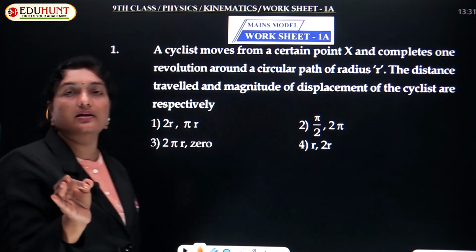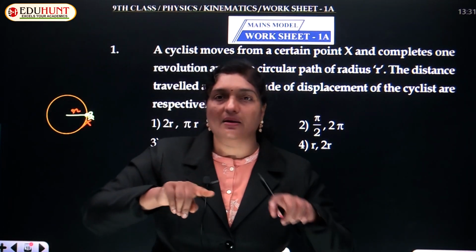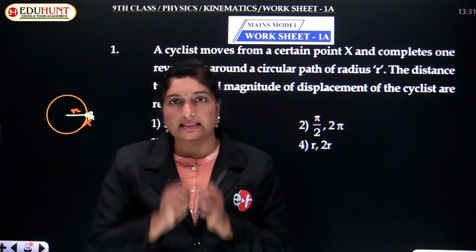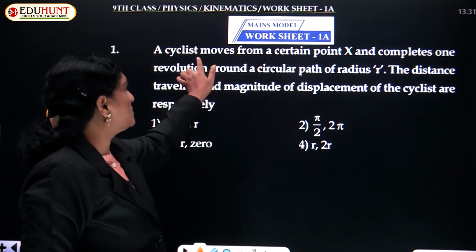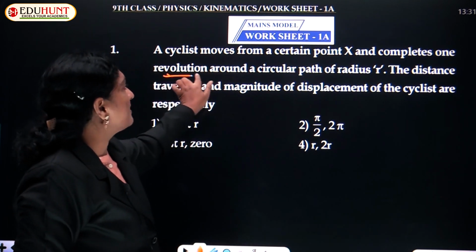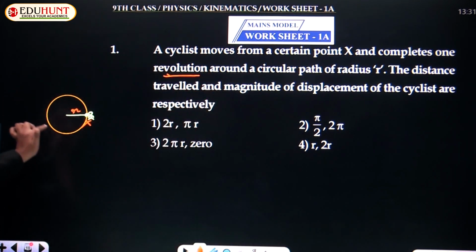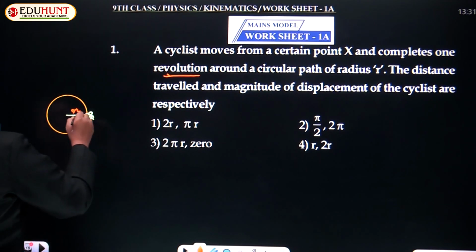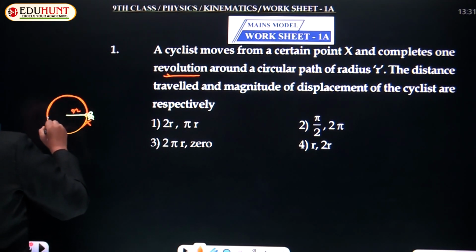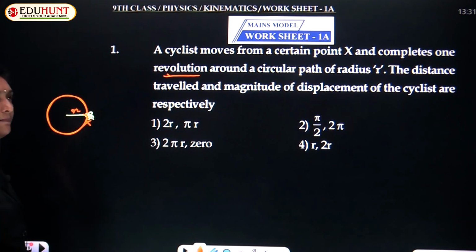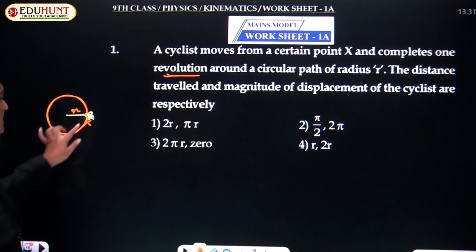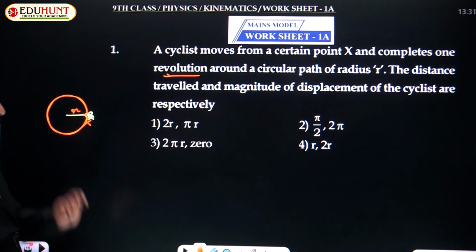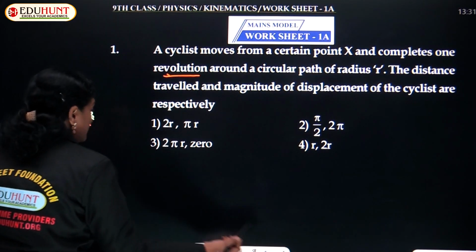What is distance, children? The distance travelled is nothing but the total path length he covered. So what he is doing? He completes one revolution. So one complete circle he was travelling. So this must be the total path length covered by the person. So this total circumference you need to know. So what is the total value of the circumference?